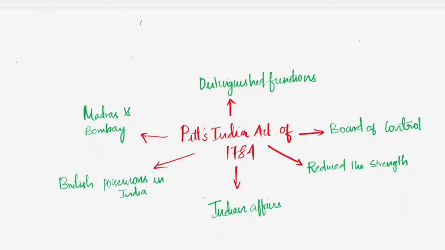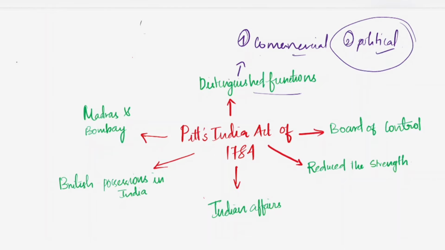The first and foremost point is that it distinguished the functions. When we say distinguished the functions, what are the functions? The first one is commercial function, and the second is political function. Through the Pitt's India Act of 1784, the British government distinguished between the commercial and political functions of the company.